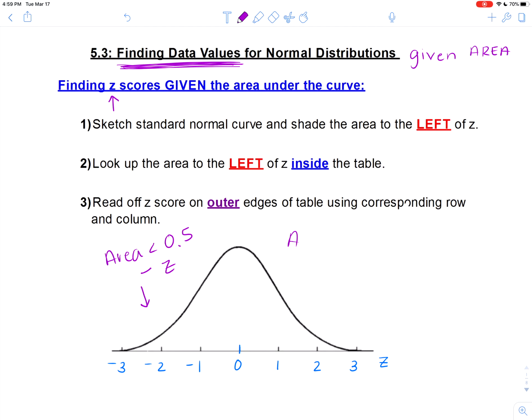When the area is more than half, you have a positive z-score. And then other things to make sure you remember, we want to make sure we're doing this in terms of area left. We want to make sure we remember that areas are found inside the table. And then we want to read off the z-score using the corresponding row and column.